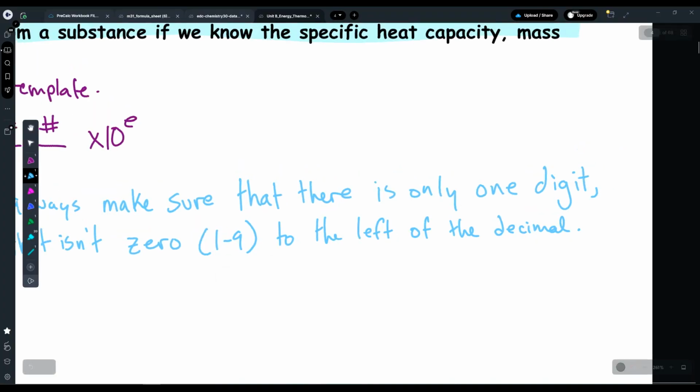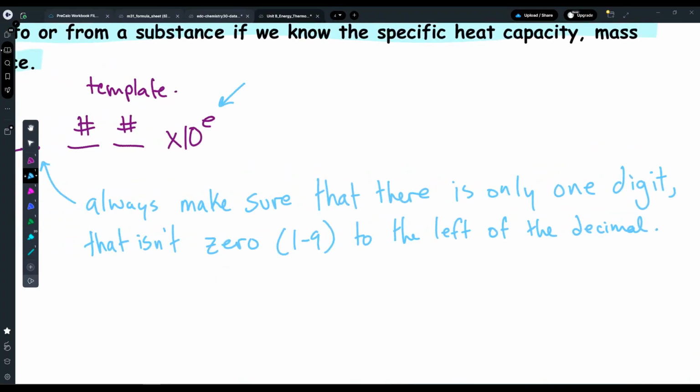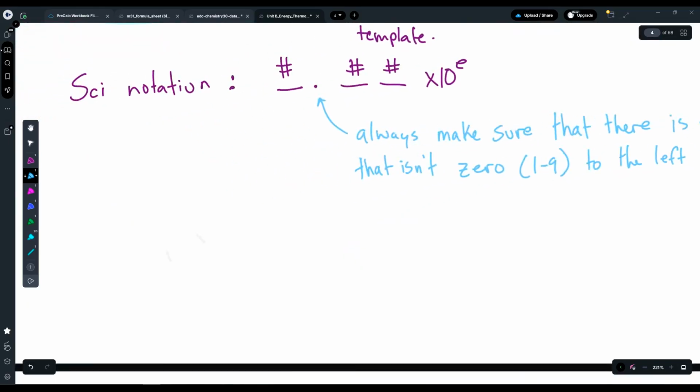Okay, now let's talk about this exponent. So this e is just a placeholder for the exponent.